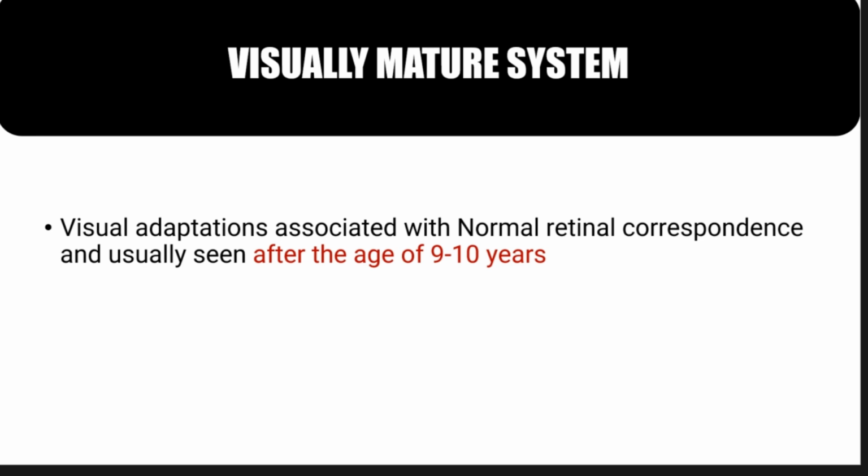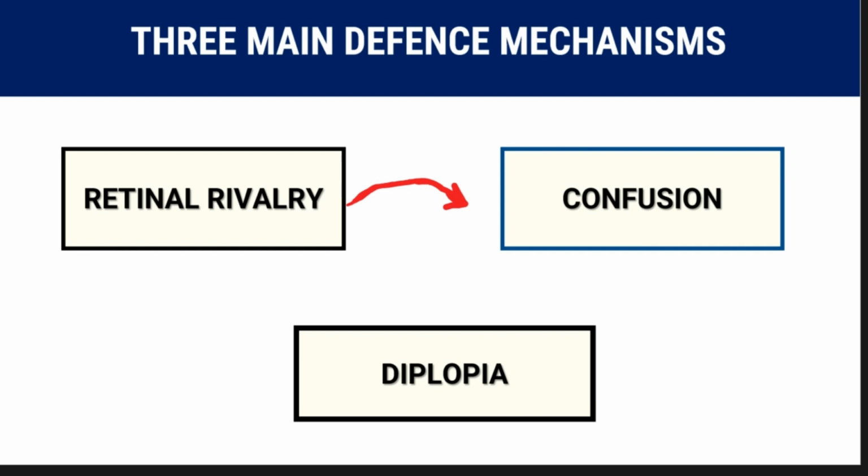They enjoyed binocular single vision, and then they got an insult to the visual system which threatened their binocular single vision after the age of 9 to 10 years, right? So these patients are known to have a visually mature system, and the sensory adaptations which happen in them can basically be of three types.